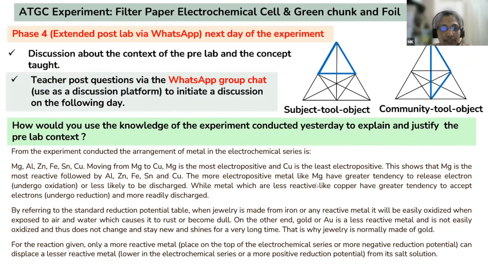Right. So this is my last slide. Phase four is the extended lab. In the extended lab, this group discusses the real answer for the pre-lab findings on the WhatsApp group platform, and they finalize whether the answer that they obtained during the pre-lab is correct, or whether they need to do some kind of revision.